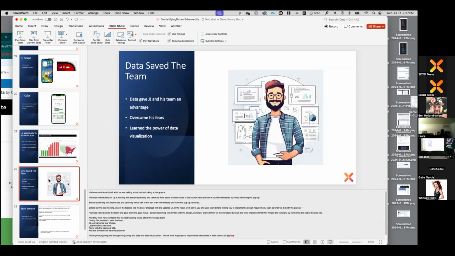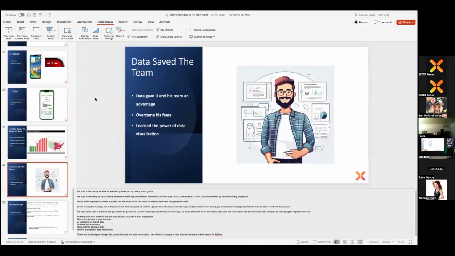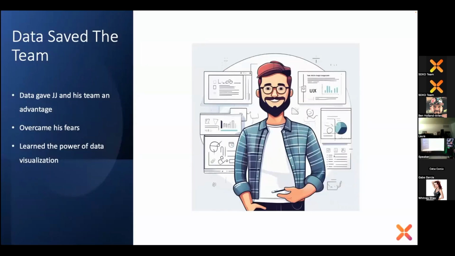So overall, there we go. During that time, he was able to save his team with data. He was able to overcome the fears that he initially had of data. When I talk to a lot of people, they mention the fears or anxiety that data creates.